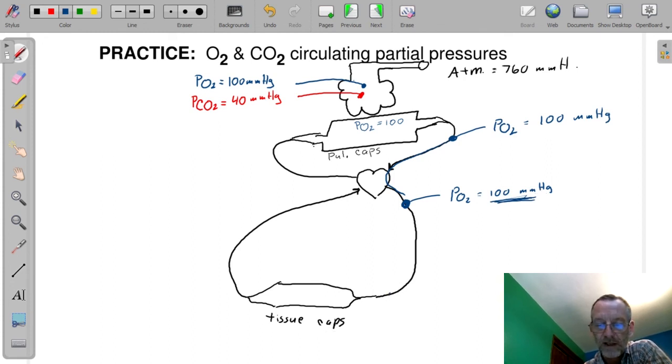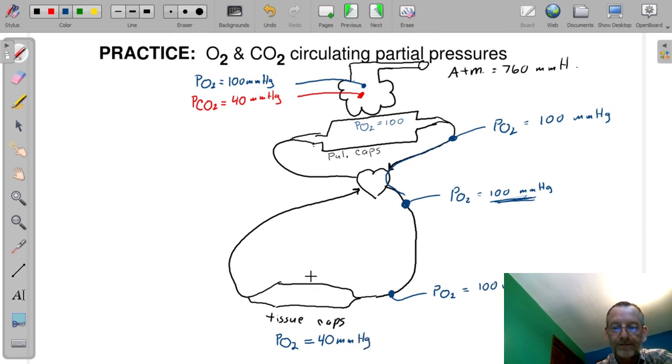So going into the tissues, it's still at 100, regardless of exercise level, barring minor changes. And at the tissues, the partial pressure of oxygen is what? It's going to be less than 100 because we're using it up. That was at 40 millimeters of mercury.